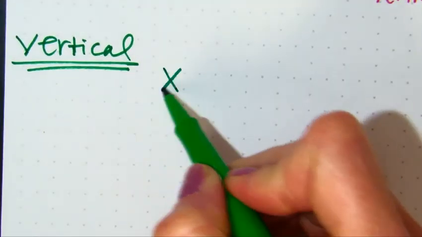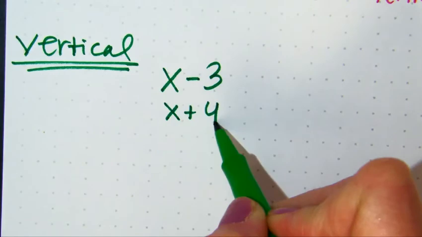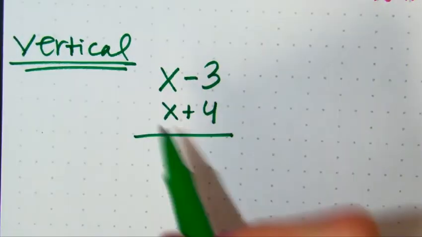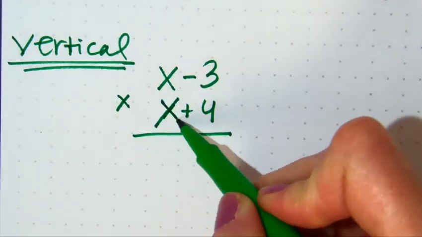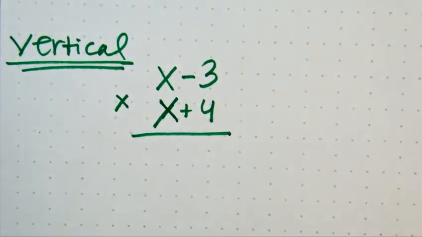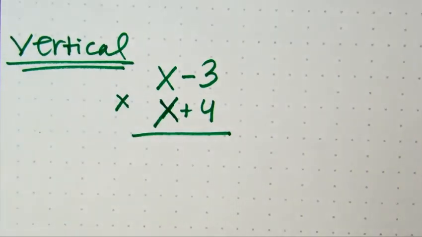So I'm just going to stack one on top of the other. It's the same expression that we just did. Now, the multiplication symbol, I'm just writing off to the side so you don't confuse that for an actual x. So we're going to just follow the process and we're going to multiply.